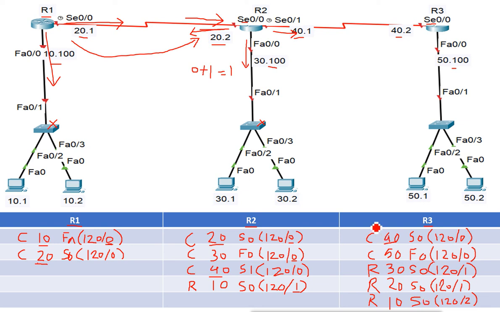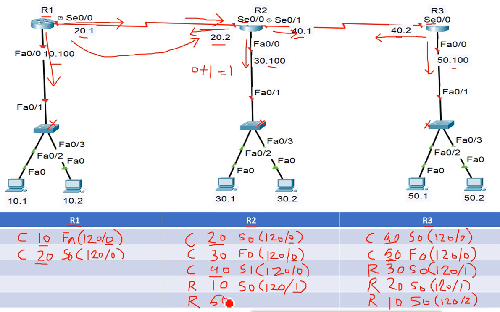Then this router 3 also sends the information to all its interfaces, from here and also from here. This switch will not accept it, but it goes to router 2 and router 2 will accept. Router 2 has all the information, it does not care. It only doesn't have the information about network 50. So it creates the entry for network 50, that it knows from RIP network 50 is there.